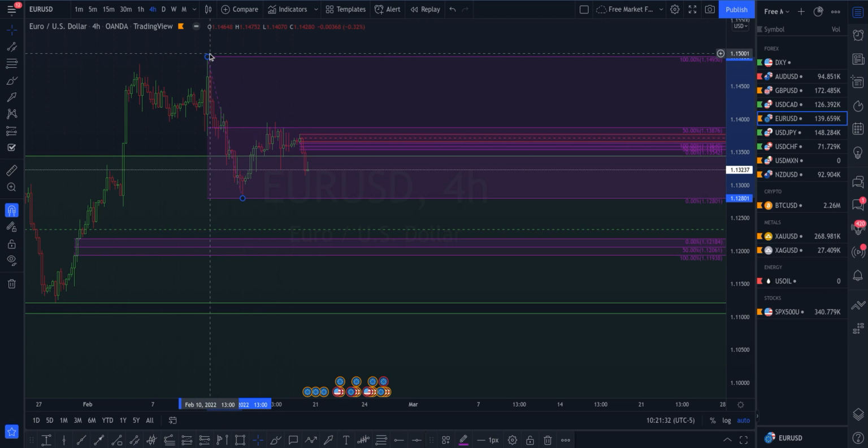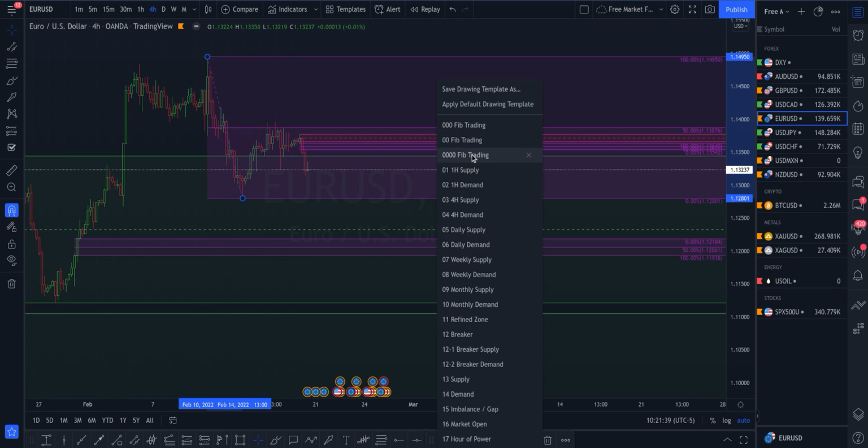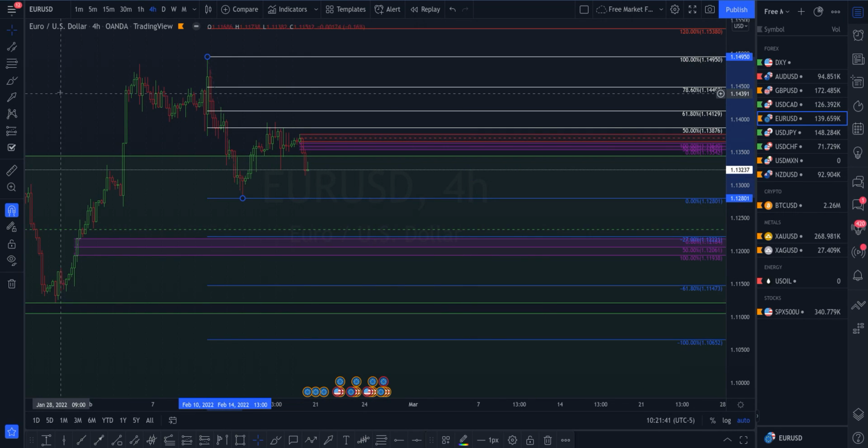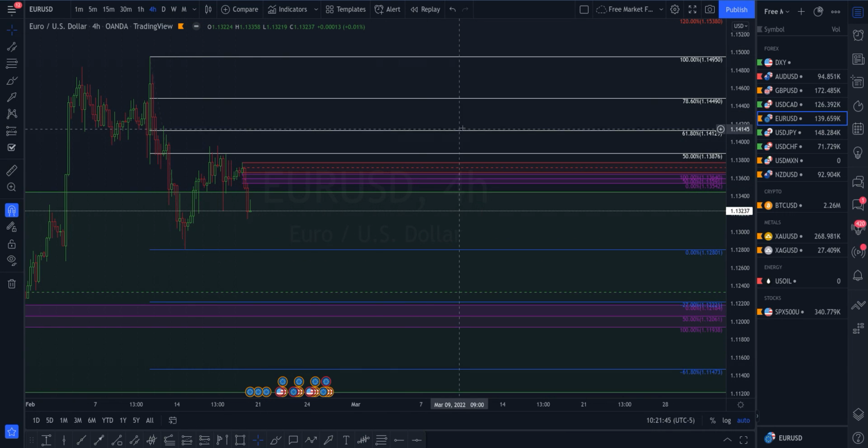All right, most recent highest high to most recent lowest low. Go ahead and throw that on there. All right, so we are at 78.6%, which is all the way up here.